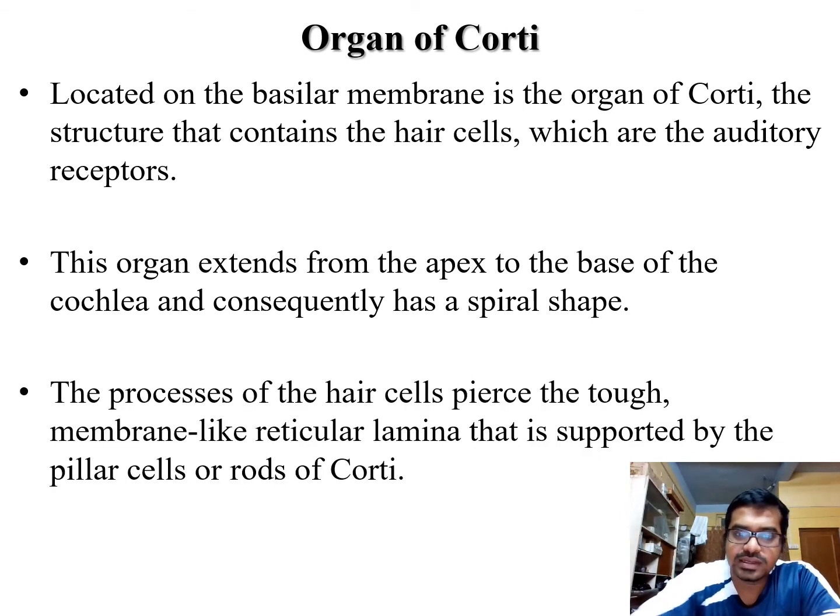On top of the organ of Corti are located the hair cells. This organ of Corti has a tough reticular membrane-like lamina. The hair cells which are embedded in the organ have their tips, or rather their tops, jutting out from the organ of Corti, and they pierce the tough reticular-like lamina.